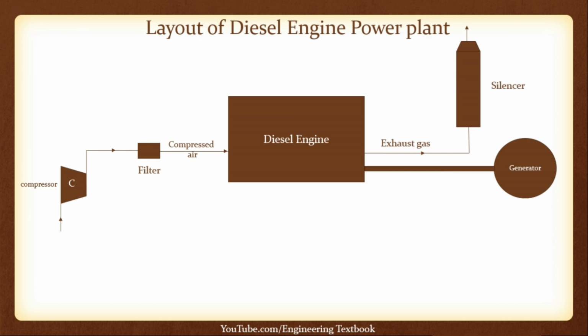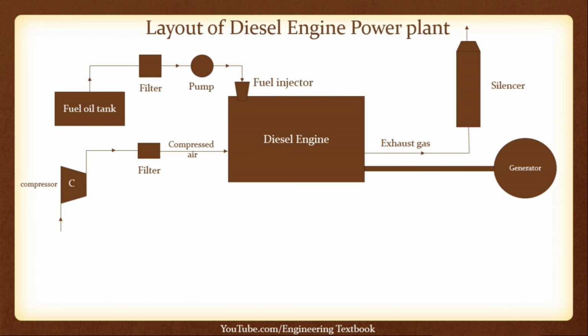Exhaust system consists of a silencer. This system leads the exhaust gases out of the engine and discharges them into the atmosphere. The exhaust gases coming out of the engine are very noisy. In order to reduce the noise, a silencer is used.